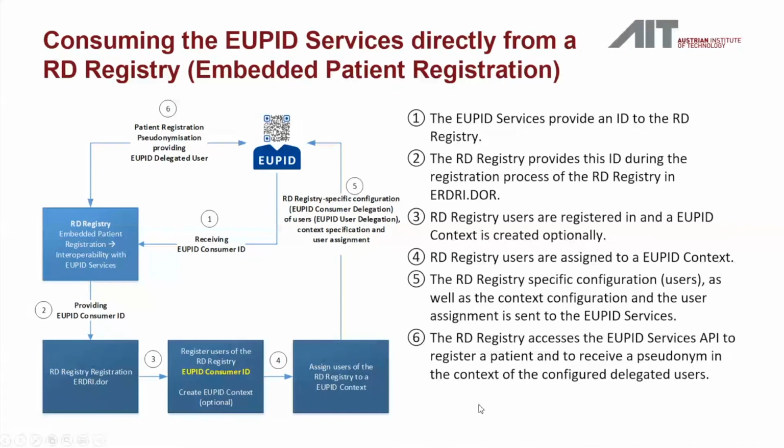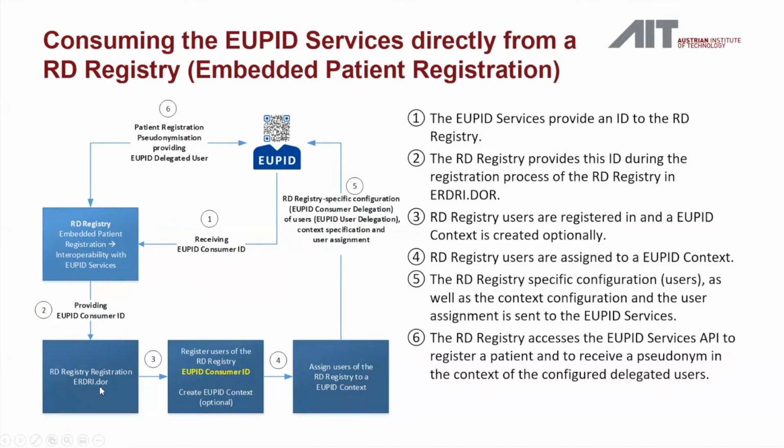Now, let's have a look at this illustration, where you can see how things work together. Let's start here at the EUPID services. The first step is that you, as a rare disease registry, receive something called a EUPID consumer ID. This is an ID for your rare disease registry instance, and you will enter this ID during the registration process in ERN.